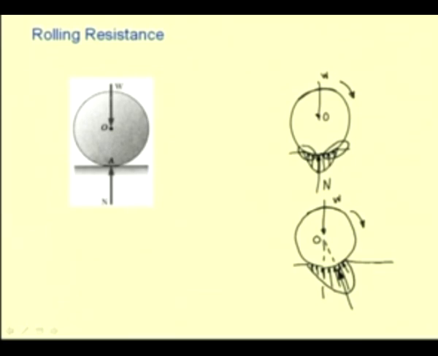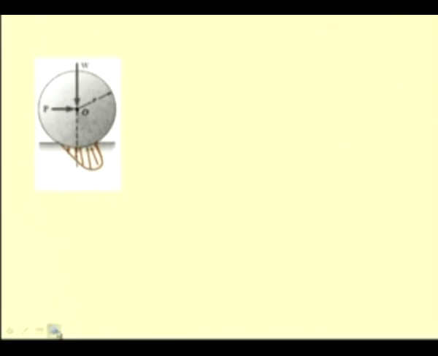So, this point of contact now would have shifted by a distance, say b. So, that is what you see in this picture, that the resultant of these forces have shifted from the point vertically below the axle or the center of the wheel to this point B, whose horizontal displacement is b.